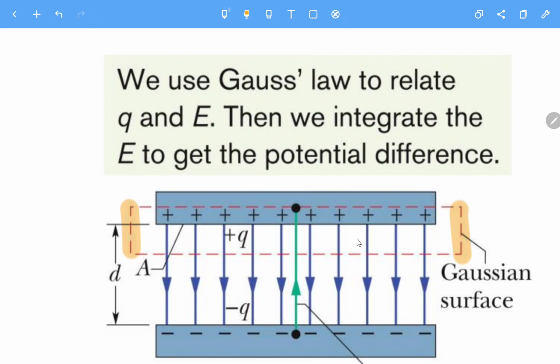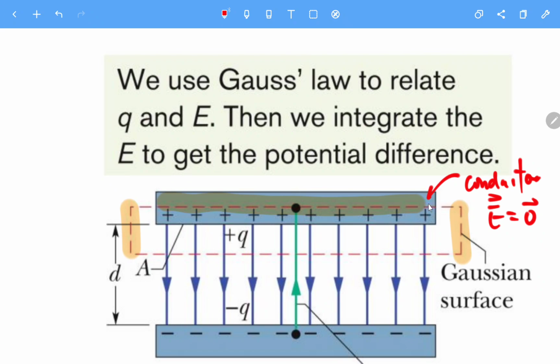And even for this one, it doesn't contribute to the net flux either, because there should be no E field inside the conductor. So this is inside the conductor, and inside the conductor, the E field should be 0.